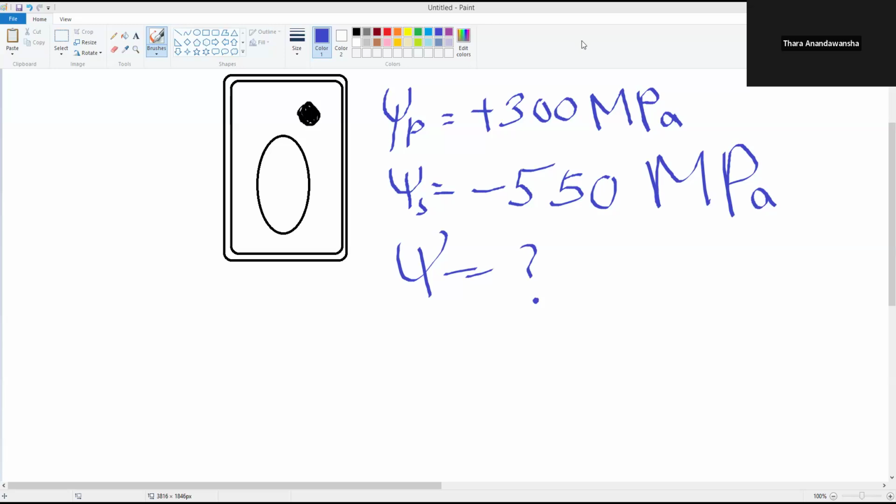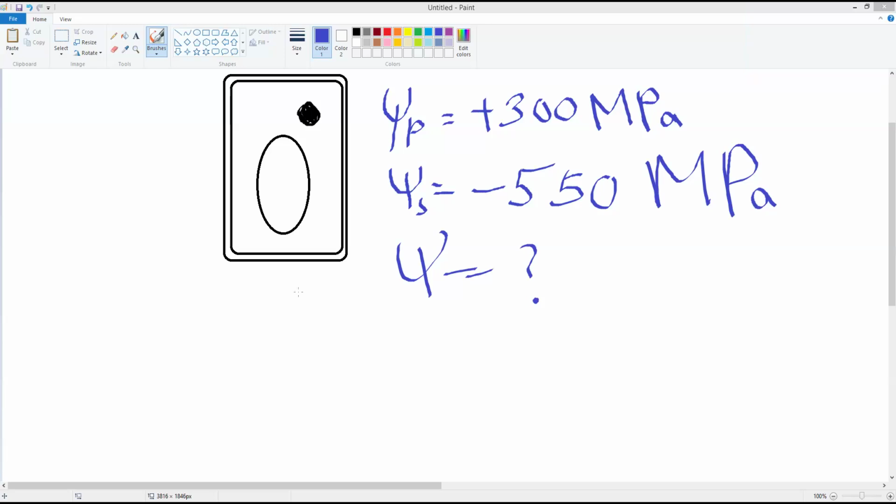Did you get the answer? Yes, teacher. First, what's the equation? Psi equals psi s plus psi p. Psi is given as minus 550, again plus 300.